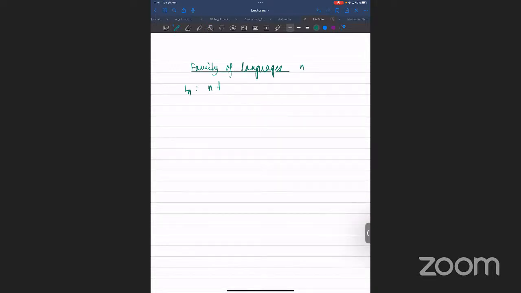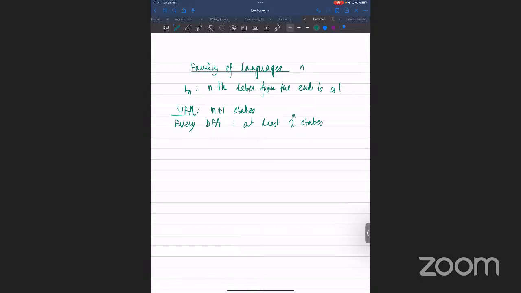The nth letter from the end is a 1. We said that there is an NFA which can accept this with n plus 1 states, and every DFA should have at least 2 raised to n states.